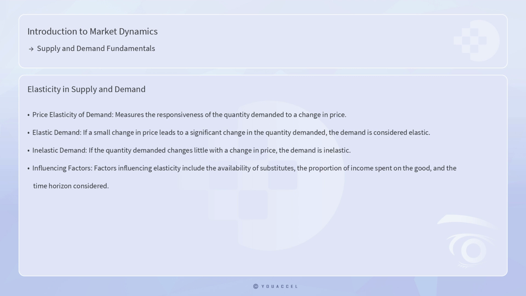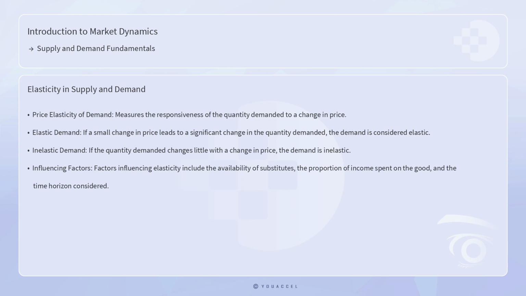Elasticity is another crucial concept related to supply and demand. Price elasticity of demand measures the responsiveness of the quantity demanded to a change in price. If a small change in price leads to a significant change in the quantity demanded, the demand is considered elastic. Conversely, if the quantity demanded changes little with a change in price, the demand is inelastic.